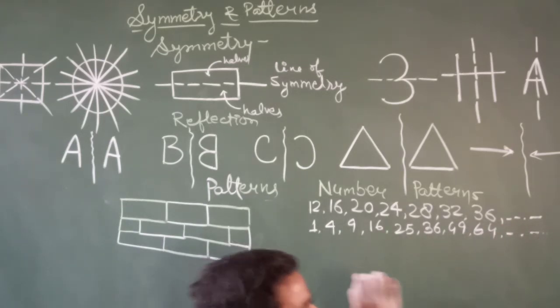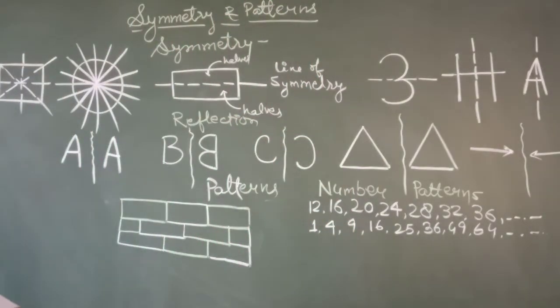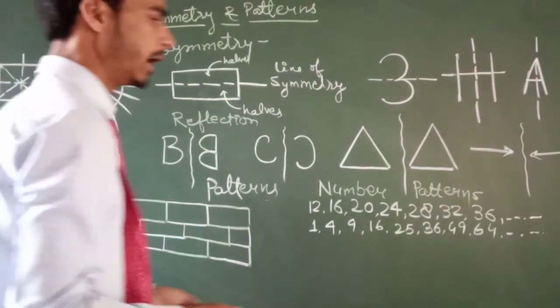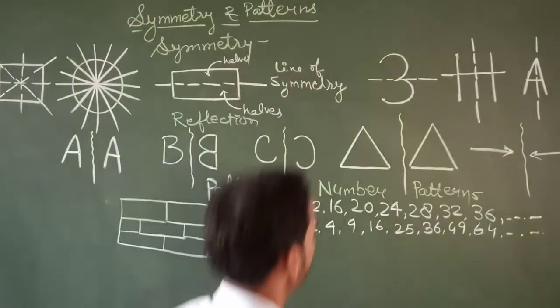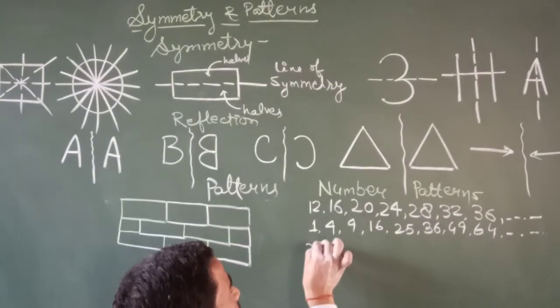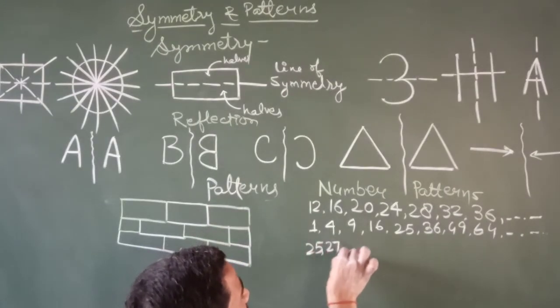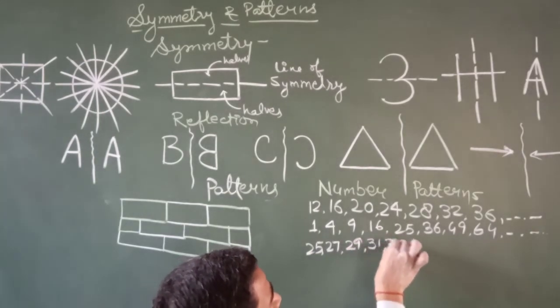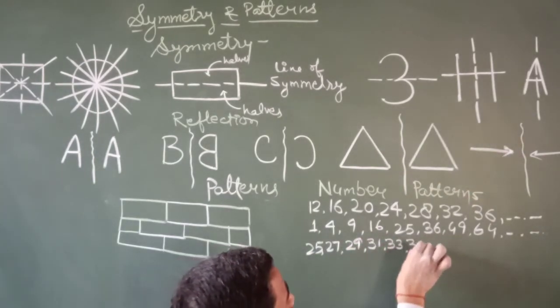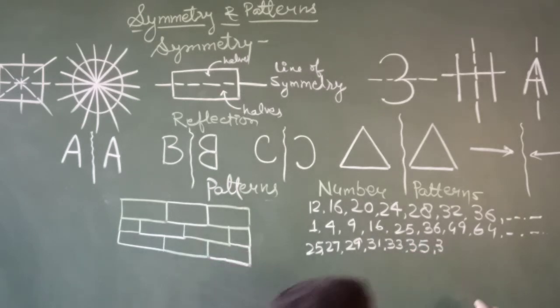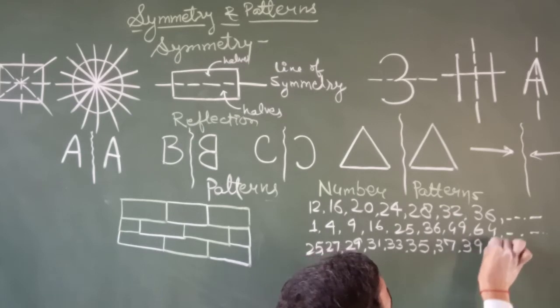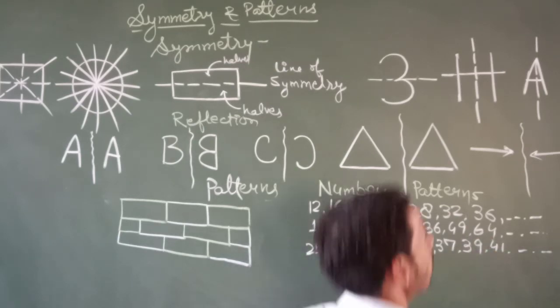Okay, now you can see that this is also a pattern. We can take another example: 25, 27, 29, 31, 33, 35, 37, 39, 41, and so on.